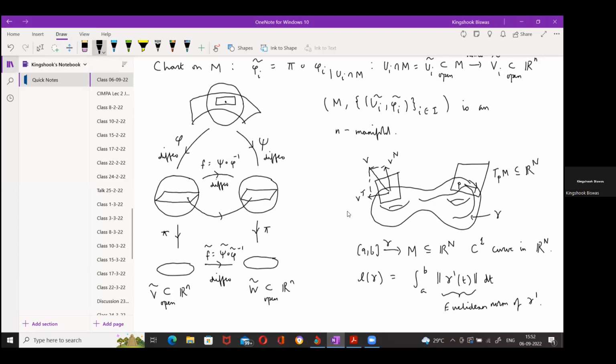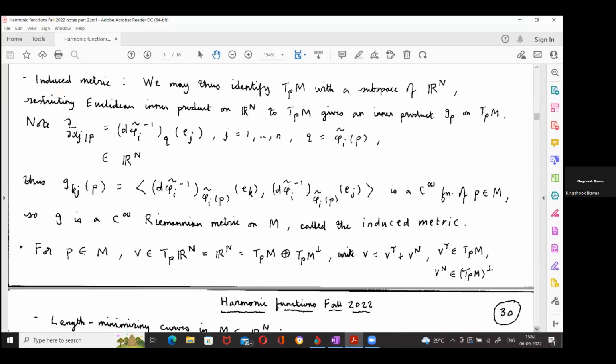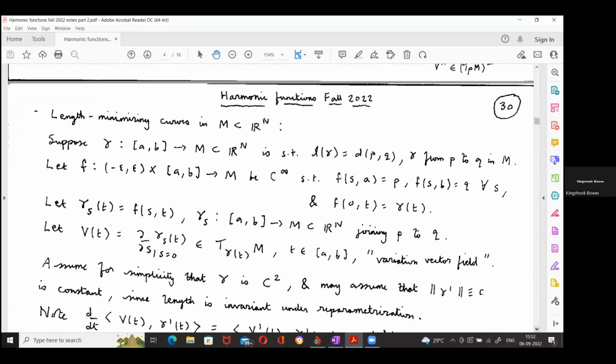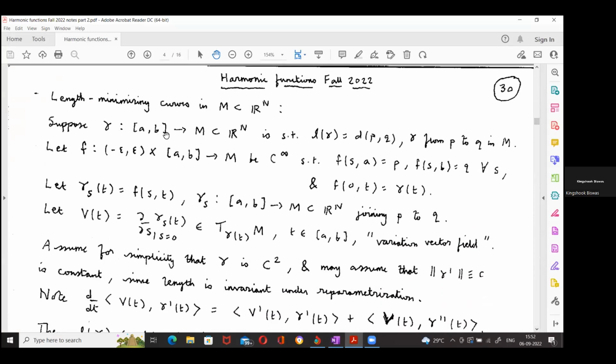I'm breaking up any vector into a tangential and a normal component. Now, suppose that gamma is a curve in M which is length minimizing, a curve of shortest length from P to Q, which are points in M. Then we can do what people do in the calculus of variations. You consider a variation of this curve gamma.